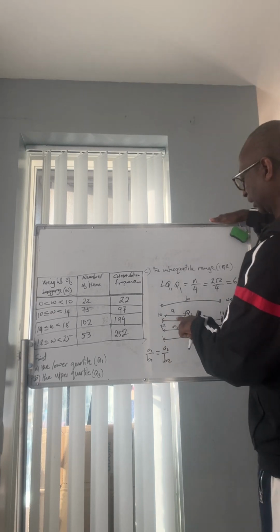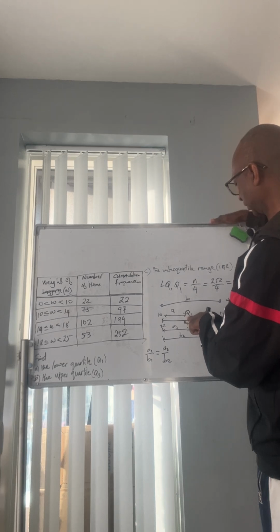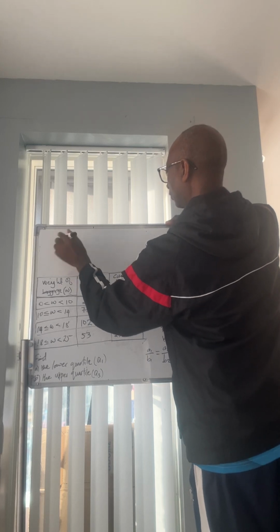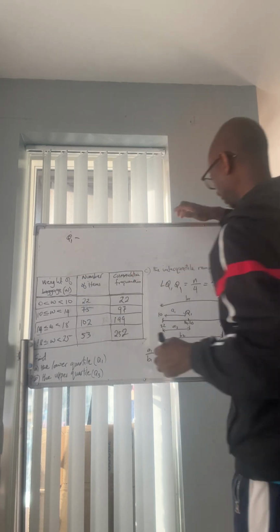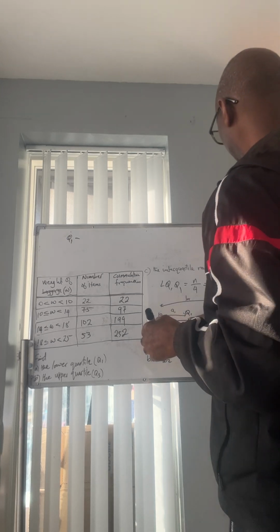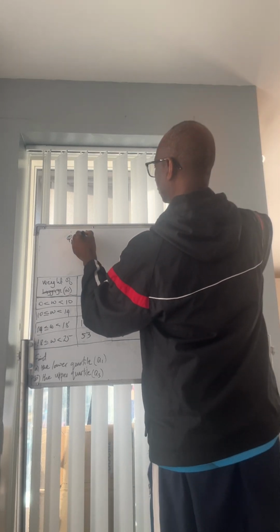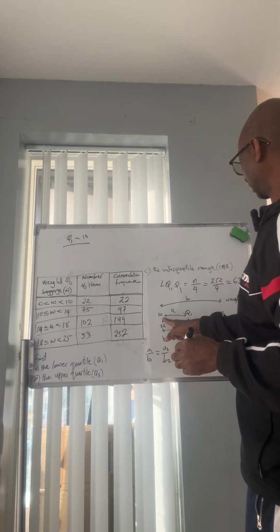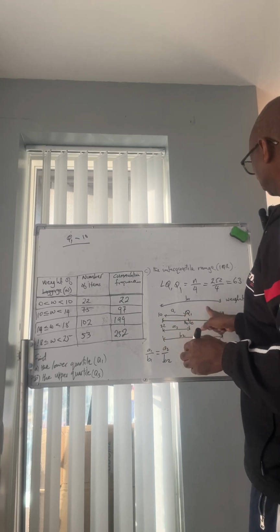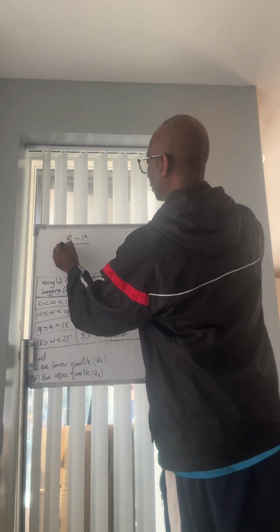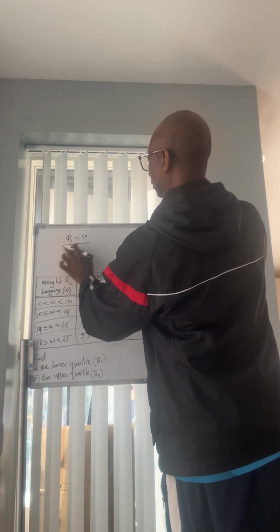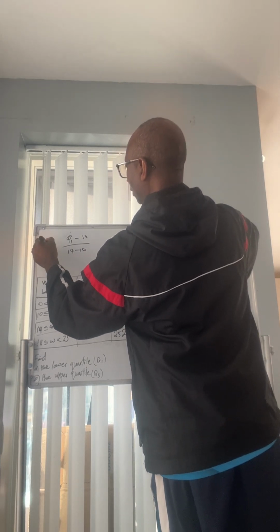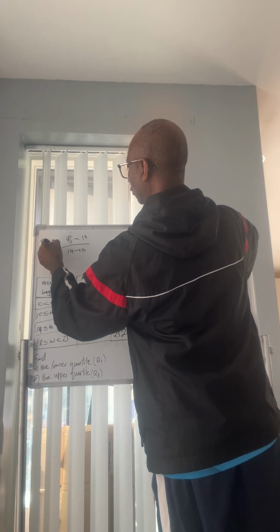We are now having A1, which is Q1 minus 10, because this is 10. So Q1 minus 10 all over B1, which is 14 minus 10. This is A1 all over B1 equals A2 all over B2.